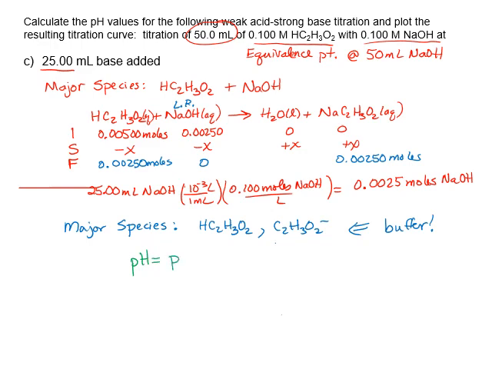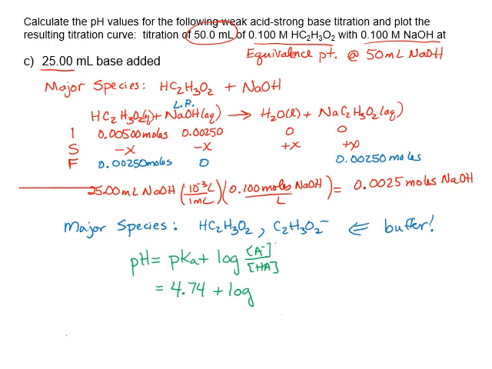pH is equal to the pKa plus the log of the concentration of A minus over HA. Our pKa was 4.74. We need to put in the concentrations of the A minus and the HA.